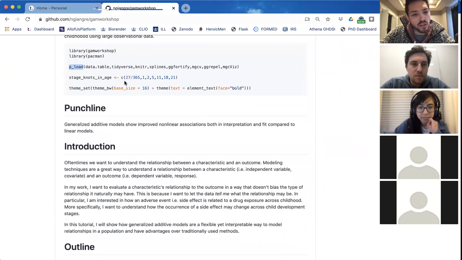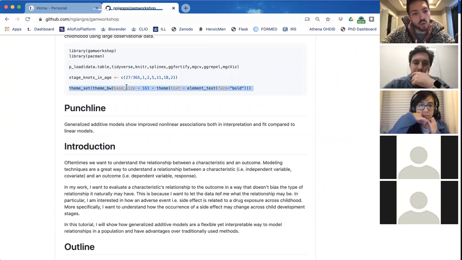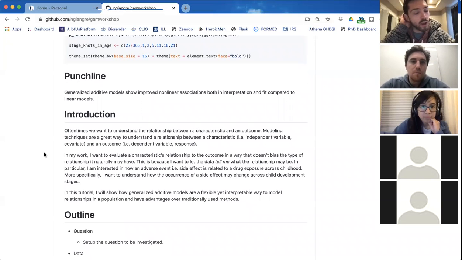And then some other settings. Another cool thing in notebooks, you can set a theme for how your plots look. So we're gonna set that up top, make them larger, make the text bold in the figures, make it nice looking. So I guess starting with the punchline, generalized additive models I found show improved nonlinear associations both in interpretation and fit compared to linear models.